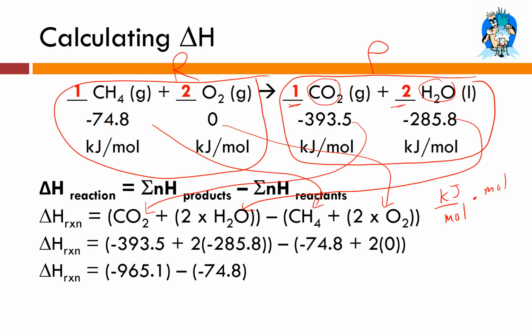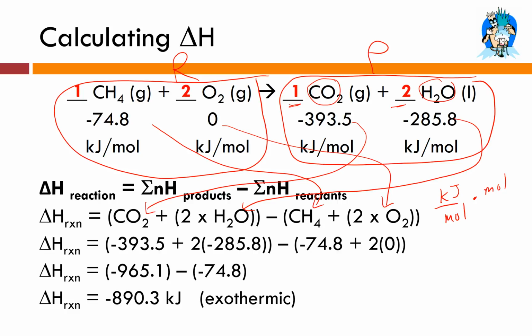And when it's all said and done, I calculate a delta H of negative 890.3 kilojoules. And since this is a negative delta H, that means we have an exothermic reaction. This seems like a lot of work, and I understand that, and it looks overwhelming, especially with those summation signs thrown in the formula.